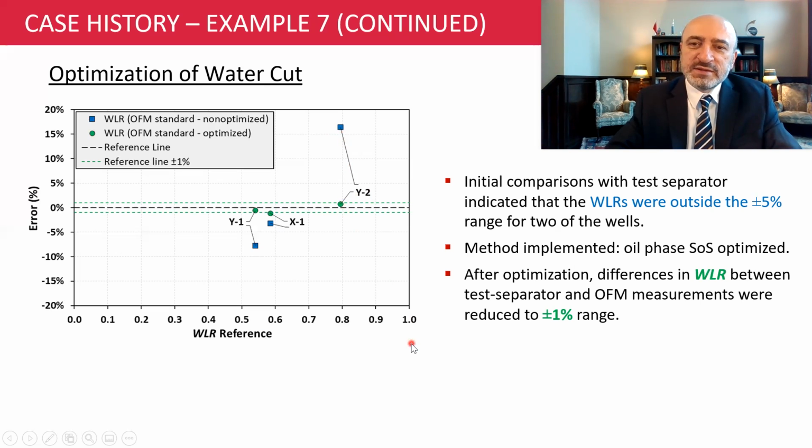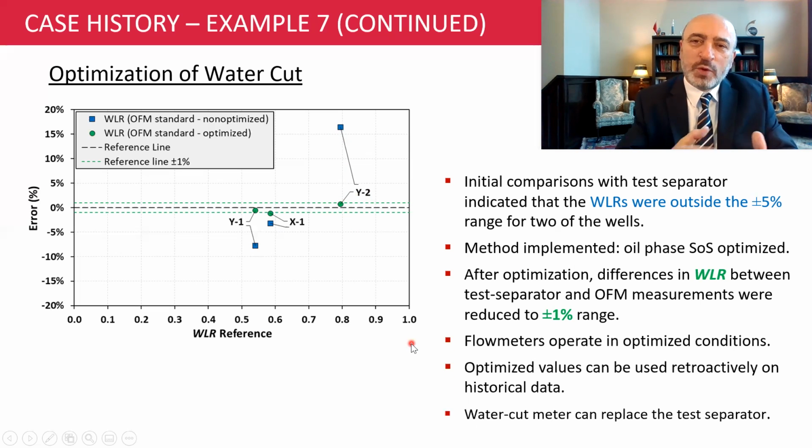So once these optimized boundary conditions are obtained, the flow meter will be using those boundary conditions and will be calculating the phase flow rates and the phase fractions based on those optimized boundary conditions. And the new values, phase flow rates and phase fractions, should match those from the test separator.